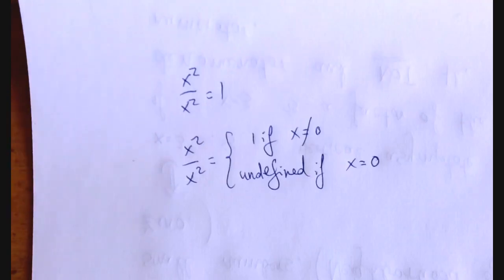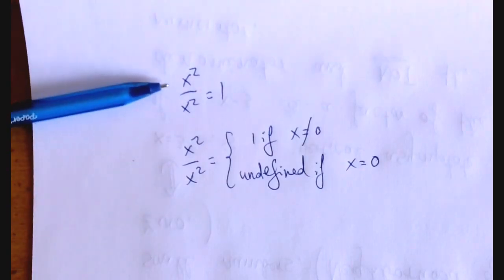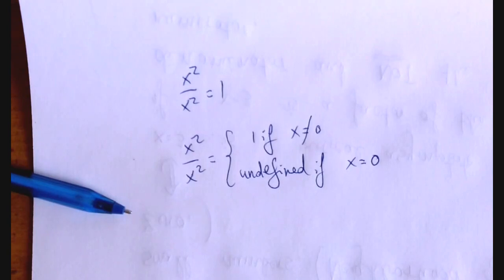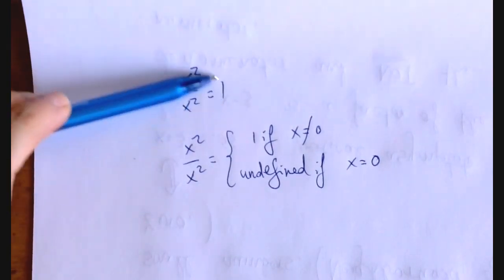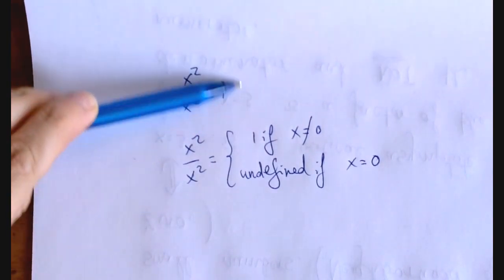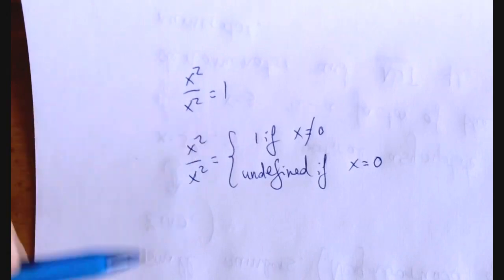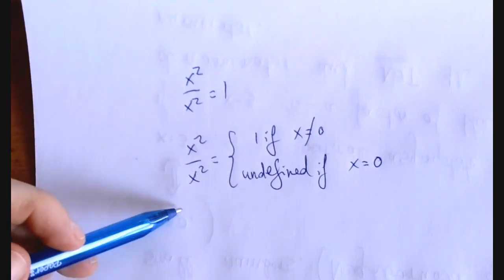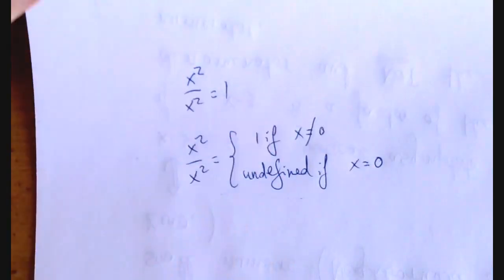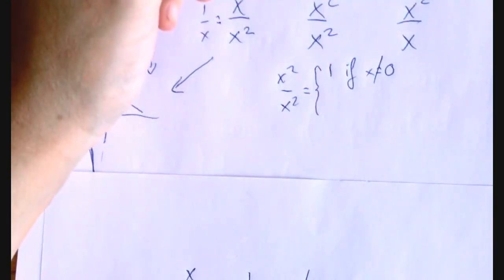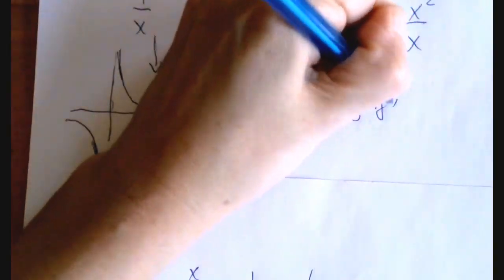Now let's look at the next one, x squared over x squared. These are our two options. Is this correct? The first one is clearly not correct, because if you forget where this one came from, that would be defined at x equals 0, but this isn't. So now, because this formula has no issues at x equals 0, we have to remind ourselves when we simplify, right? And why do we have to remind ourselves? Because it disappears from the denominator. We're going to have to use this. So x squared over x squared is 1 if x is not 0, and undefined if x equals 0.